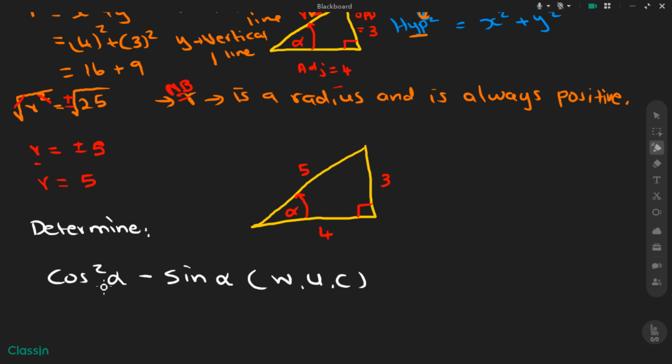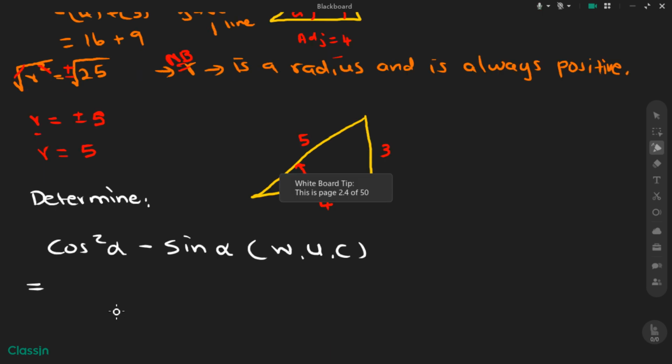Now, this is our question. It is equal to cos alpha, put a bracket and we square. Minus, put this sine alpha. Put brackets. You are not in a square, so don't square it.